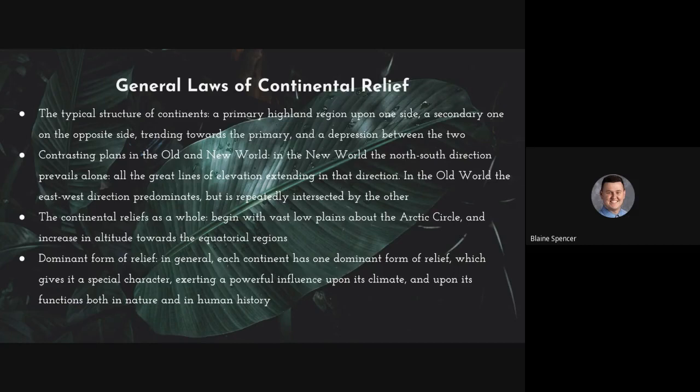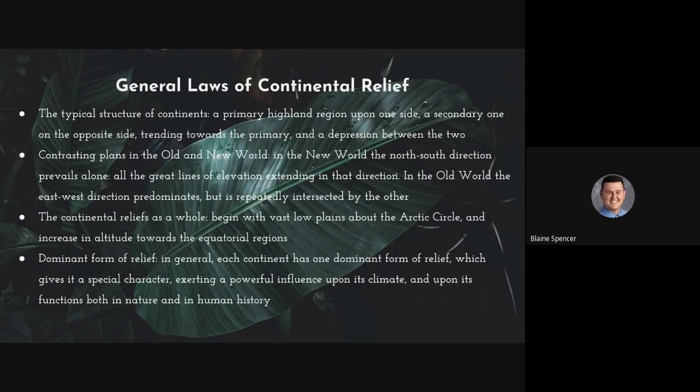Now yes, there are some mountains and some elevation that runs north to south, but the bulk of the mountains in Asia, Europe, and Africa are going to run east to west. Makes sense. Those are the first two general rules. That's how there's uniqueness but also similarity between the continents.